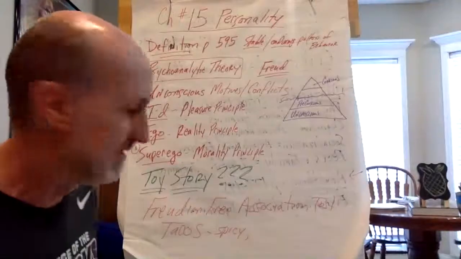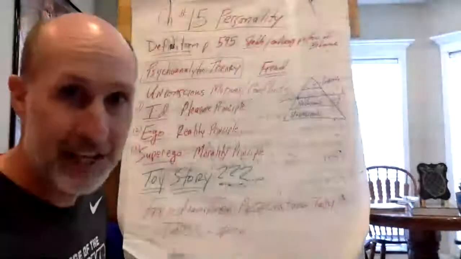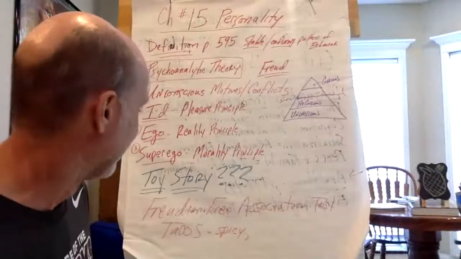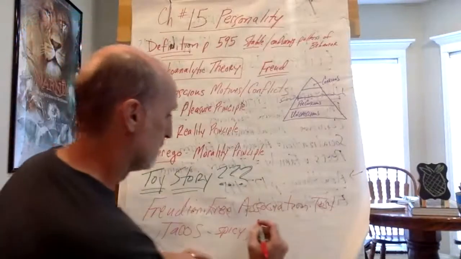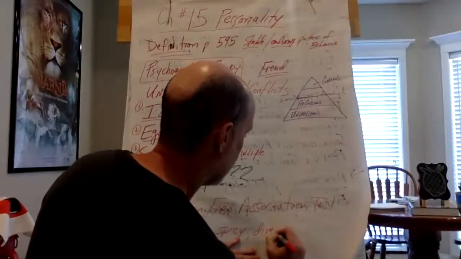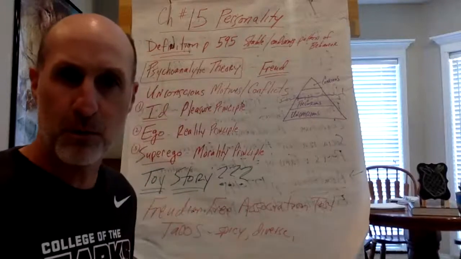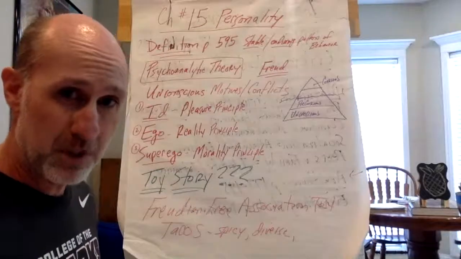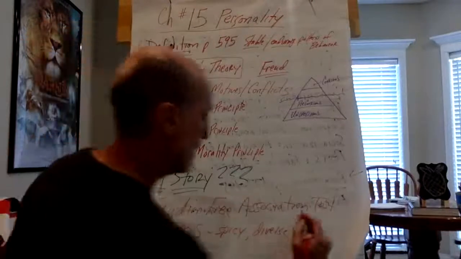Flavorful, which could be both. I should have practiced this, but I have to go with whatever comes into my mind. Spicy. Diverse, another word for maybe flavorful, which would be more personality-wise. Fun.